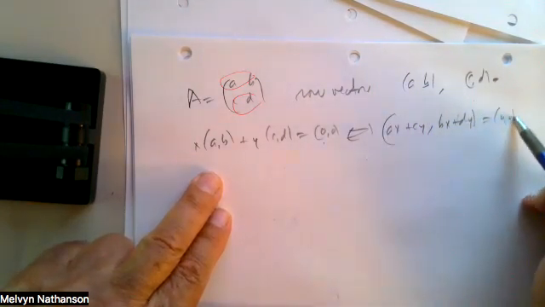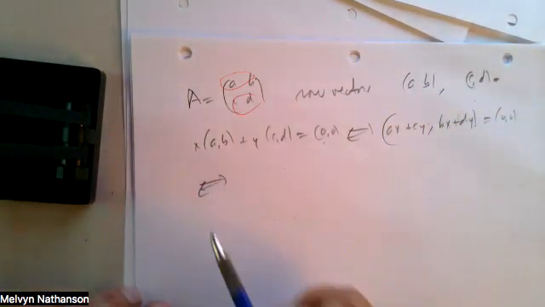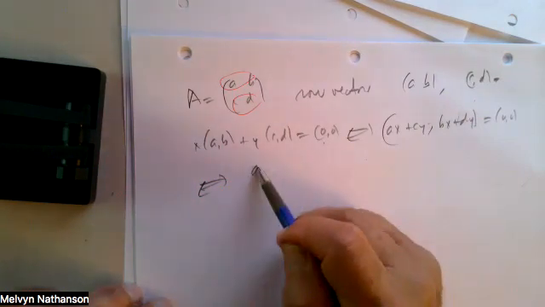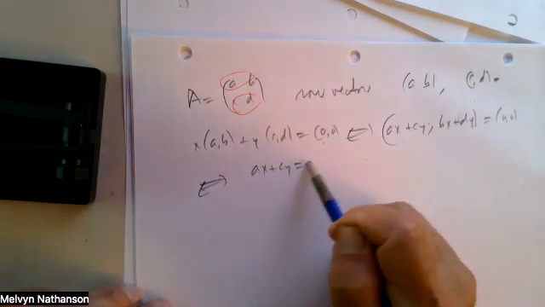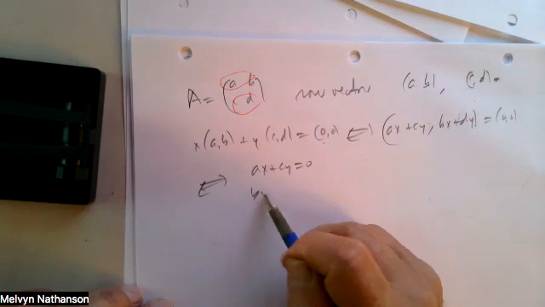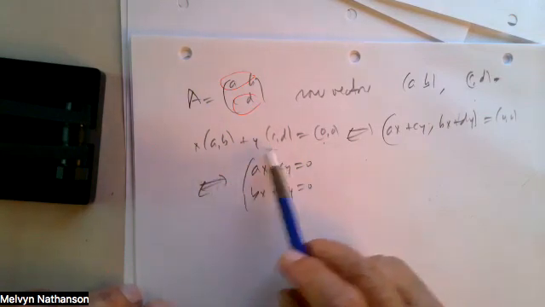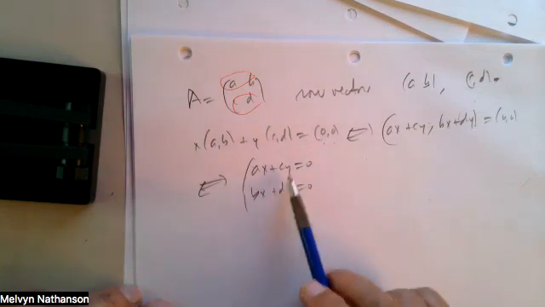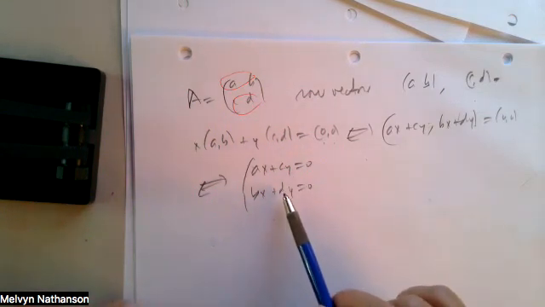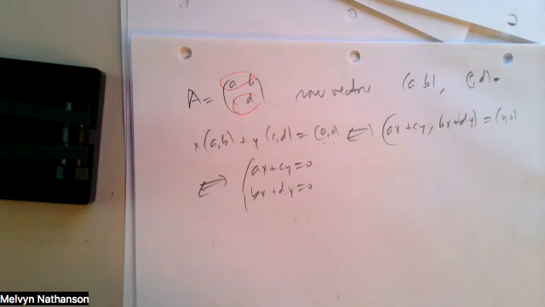And to say that's the 0 vector, it's the same as saying that the system of equations AX plus CY equals 0, BX plus DY equals 0. X and Y solve this vector equation if and only if XY solves the system of 2 equations and 2 unknowns.